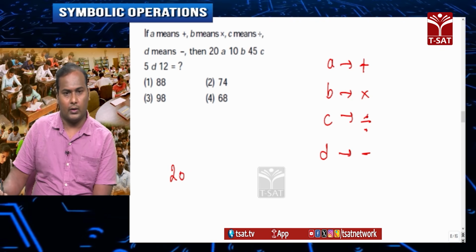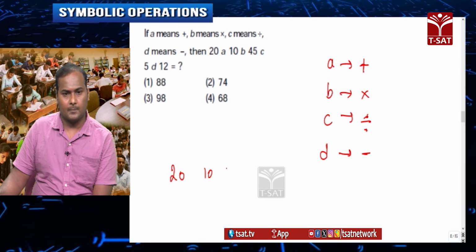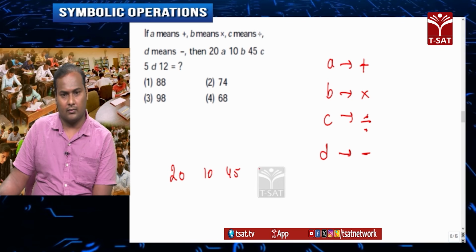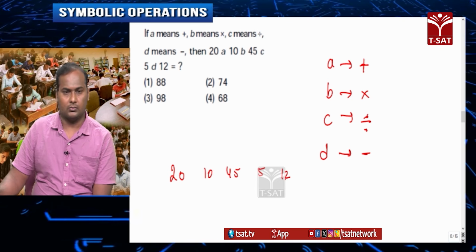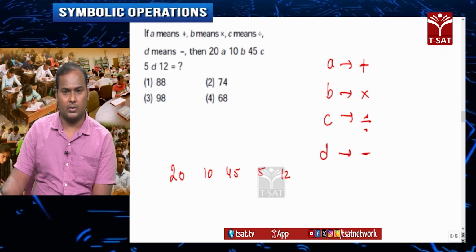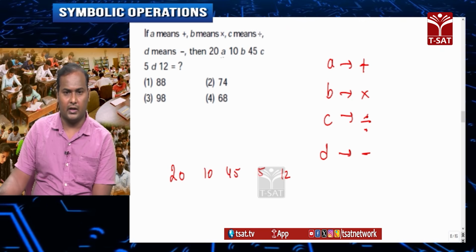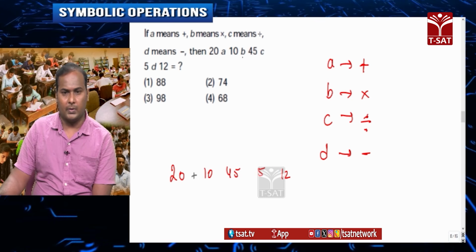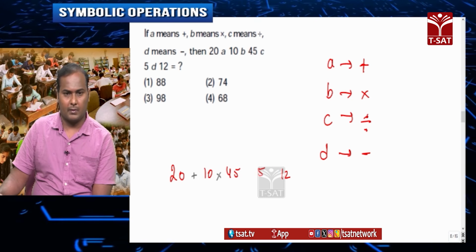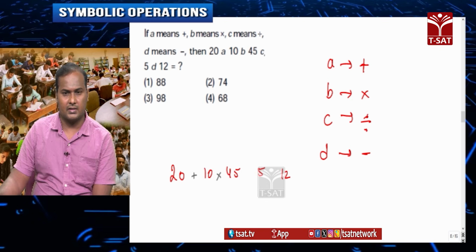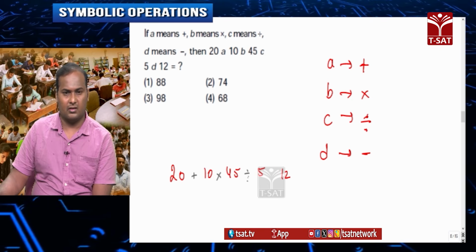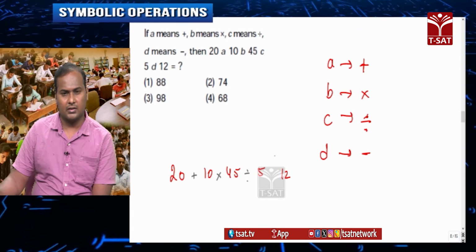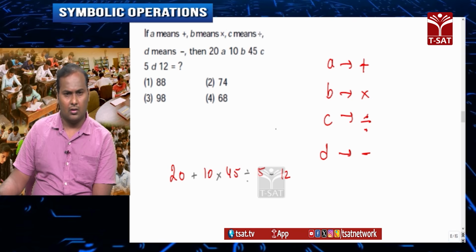So 20, 10, 45, 5 and 12. So you now try to replace with the symbols. 20A, A means here plus, and B means multiplication. And talking about C, C means again division. D means here subtraction.